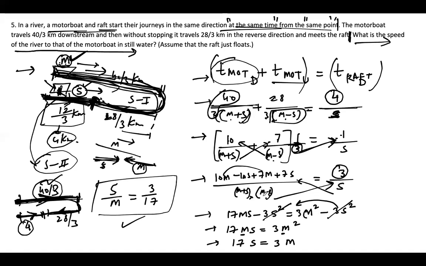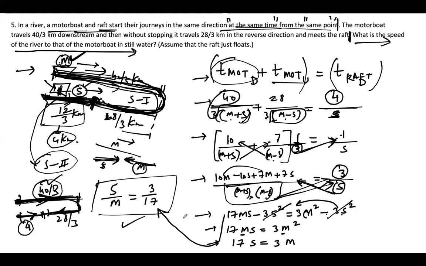So what is a plus b into a minus b? A square minus b square, so m square minus s square. I have multiplied m square minus s square to the right hand side. So 3 times m square minus 3 times s square. Multiplied this s on the denominator and took it to the left hand side. So 17 ms minus 3s square. Then I simplified and reached this conclusion. And this is the only way to go for this.